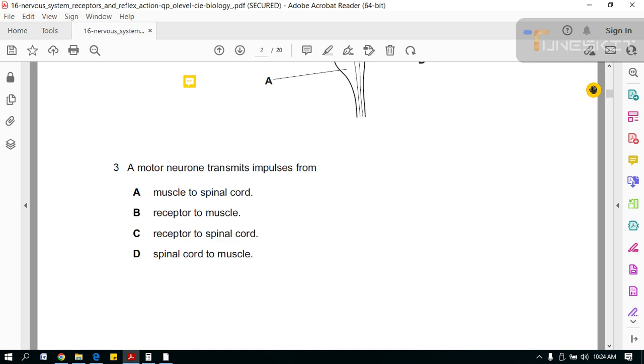Now let's move on to the next one, that is, the motor neuron transmits impulses from. The concept of the motor neuron should be clear to you people. A motor neuron is the neuron that carries a message from the brain or the central nervous system, spinal cord, to the muscle. So here option D is correct, spinal cord to muscle, because the spinal cord is part of the central nervous system.